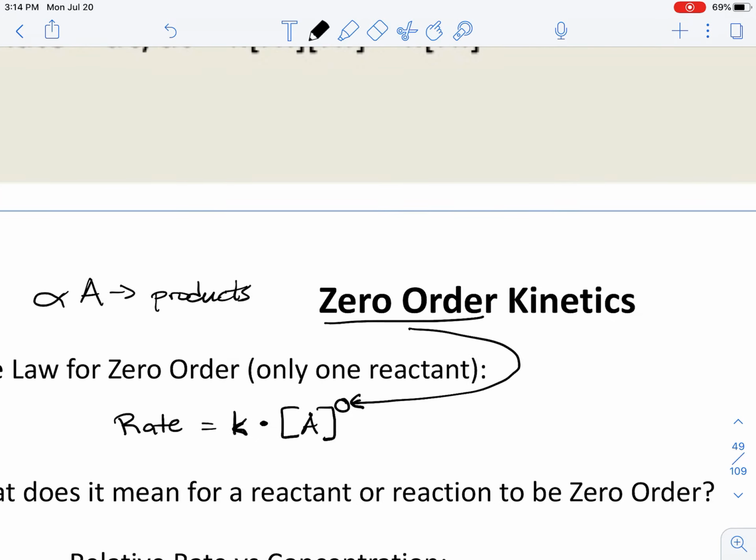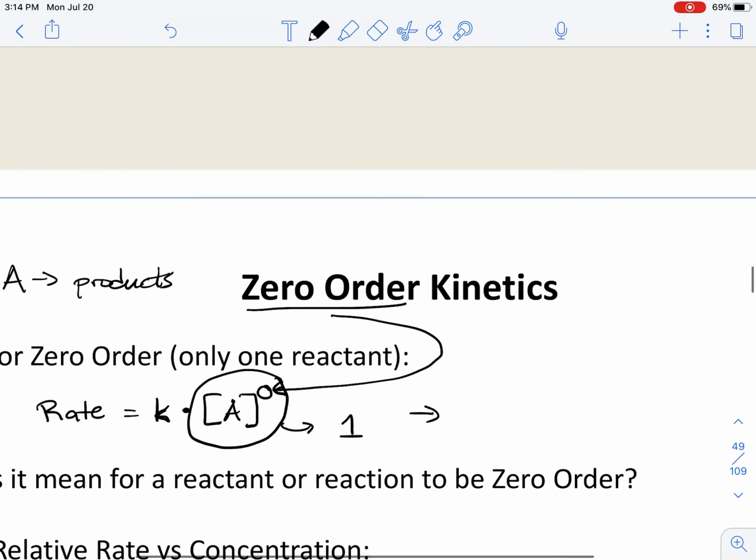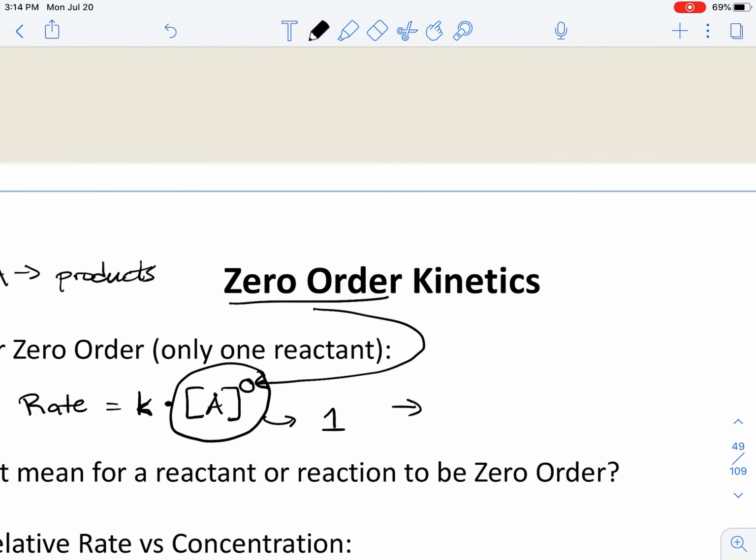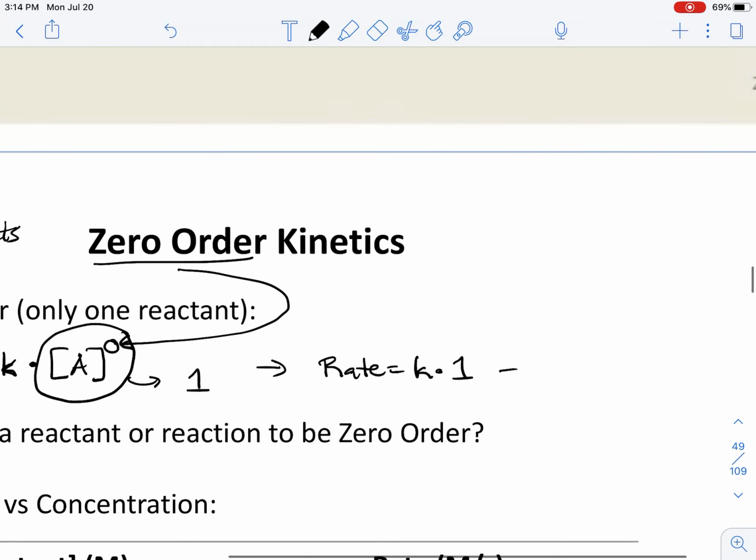If you are familiar with exponents, if you raise anything to the 0 power, it becomes 1. So we can rewrite the rate law for zero order kinetics as rate is equal to k times 1, or simply, rate is equal to the rate constant k.